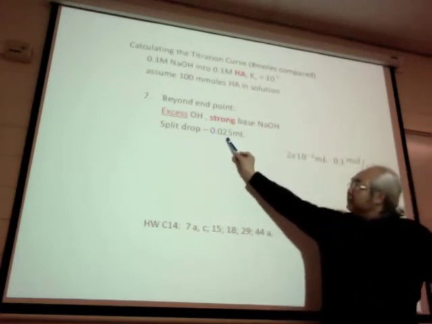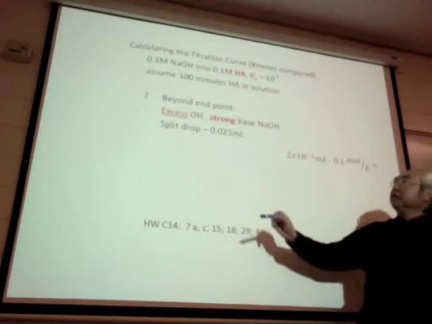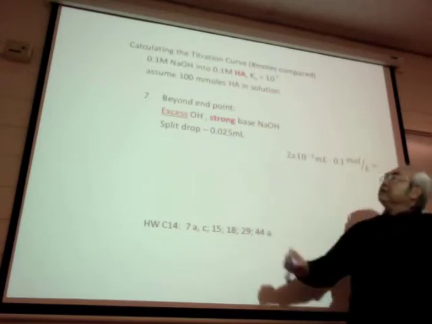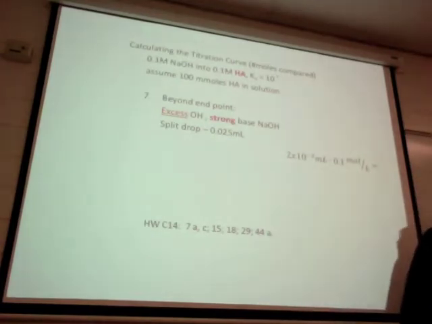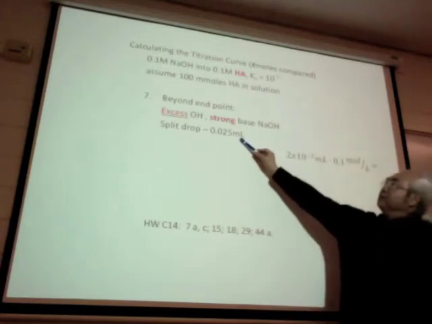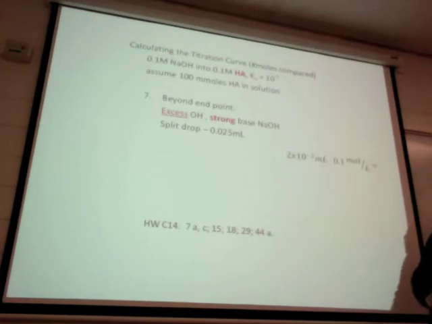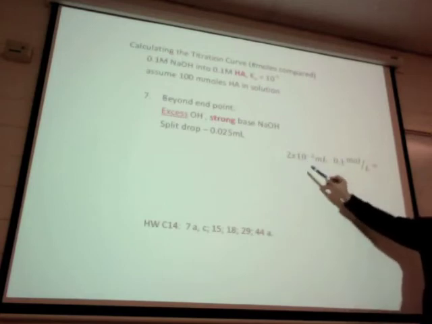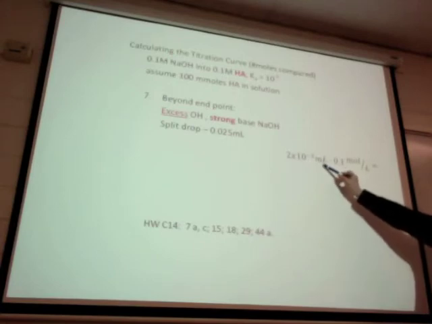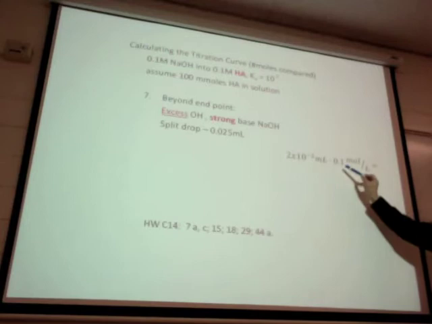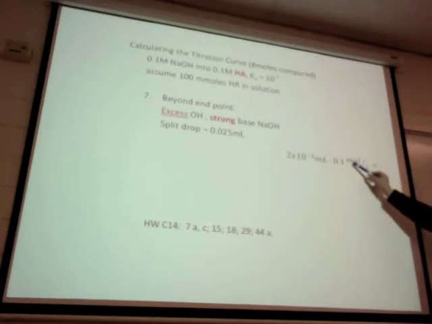So even though that split drop is that tiny, assume this is the plus minus for the direct uncertainty. You put this quantity in, and with that calculation, like 2 times 10 to the minus 2 milliliter, with the 0.1 molar, then liter, you're going to put in 10 to the minus 3 millimoles.